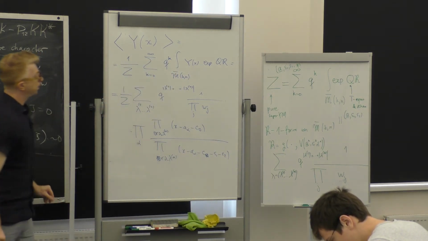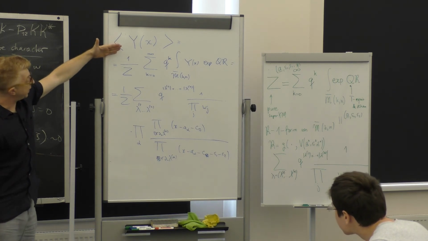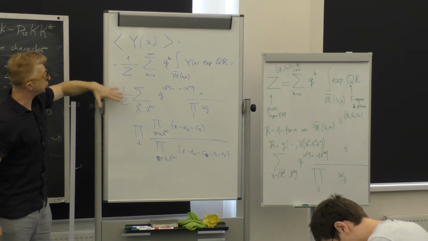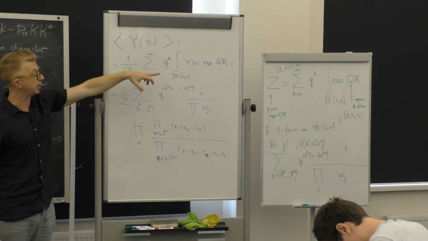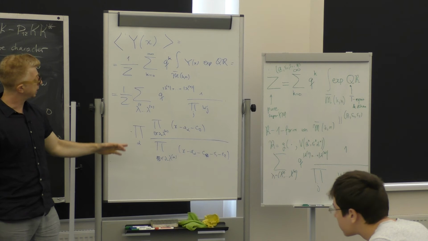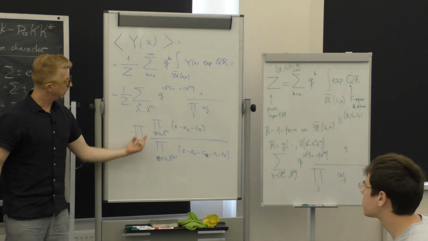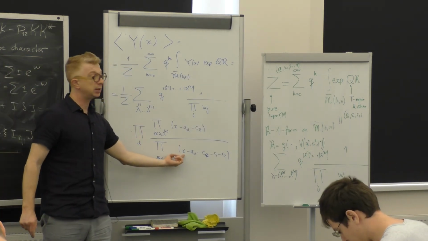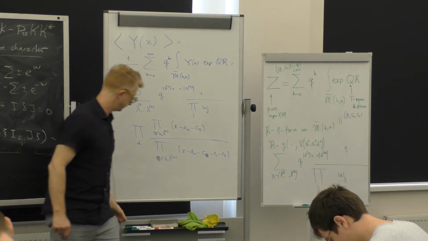So now this expectation value, in addition to the parameters a, epsilon 1, epsilon 2, and q, depends also on the auxiliary variable x. And then each term in the expansion in q, as you can see, it's a rational function of x.